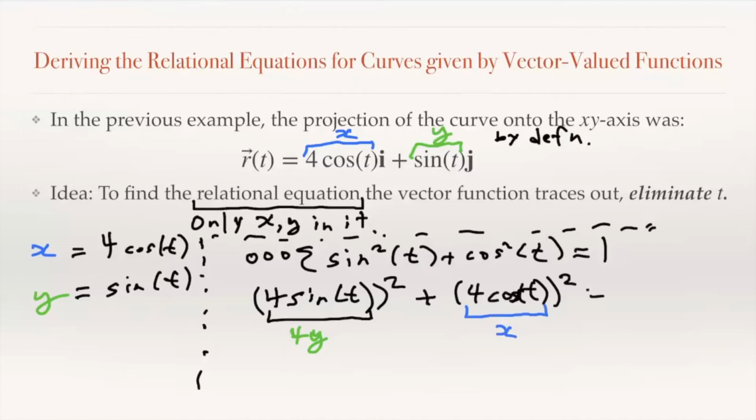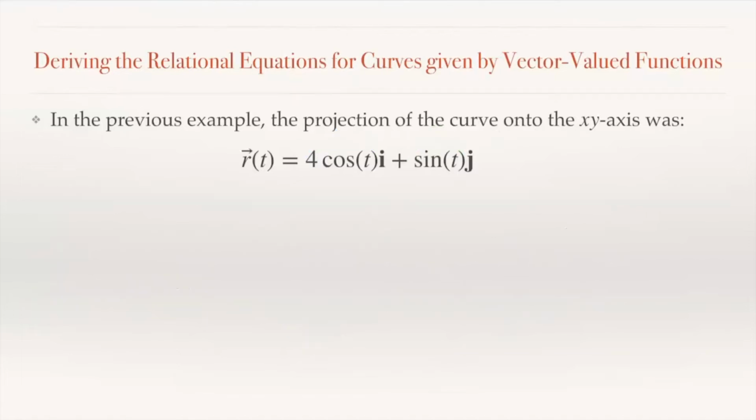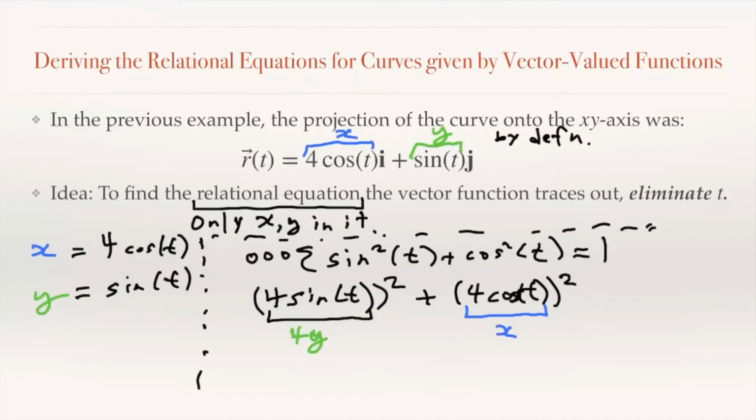And we want to square that. So this guy is 4y squared. And this guy, so here that 4, that was already part of x, so that is just x squared. Okay, but we still need that right-hand side. What is this equal to?